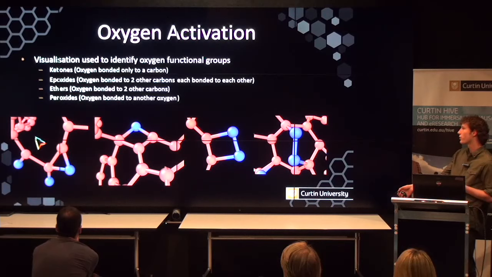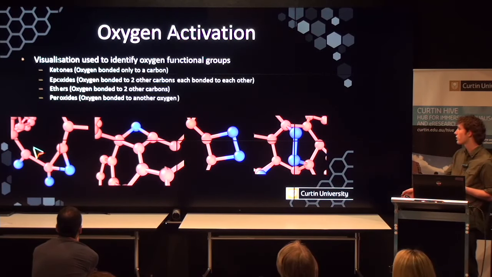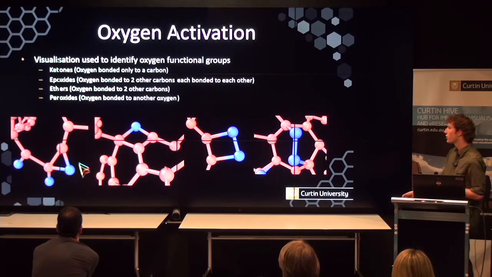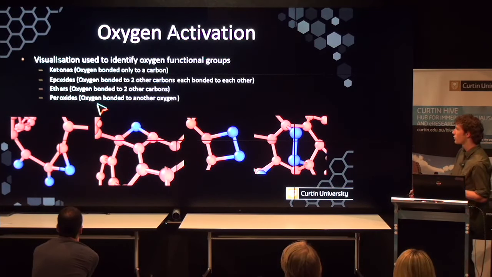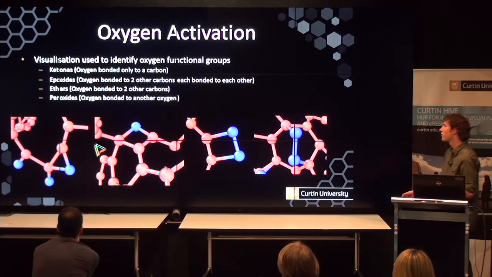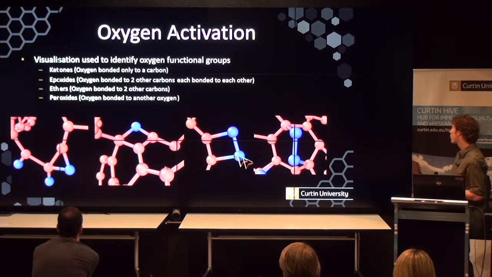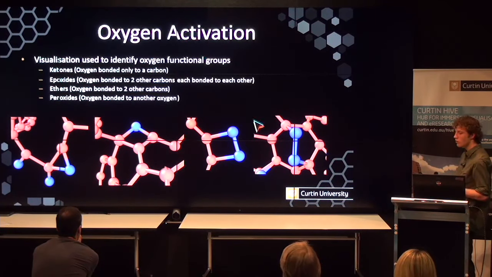We just have an oxygen with a single bond to the structure, it counts as a ketone. When we have an oxygen with two bonds forming a triangle in the structure, we count this as an epoxide. And when we have oxygen forming part of a sort of ring in the structure, we'll count it as an ether. And then we also have peroxides when we have oxygens bonded to other oxygens.